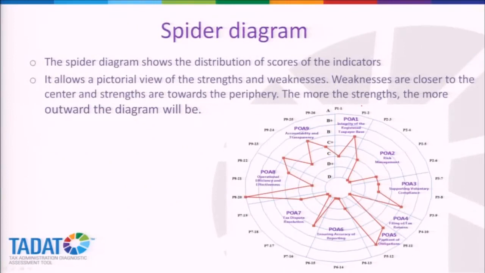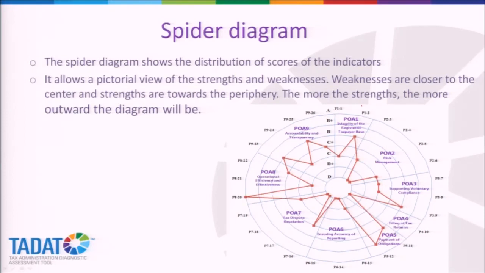Now, here is the spider diagram, which is the third level of detail. You will see here that the spider diagram gives the distribution of the scores of the indicators. It doesn't give the distribution of the dimensions. It allows for a pictorial view of the strengths and weaknesses of the tax administration system in a particular country.